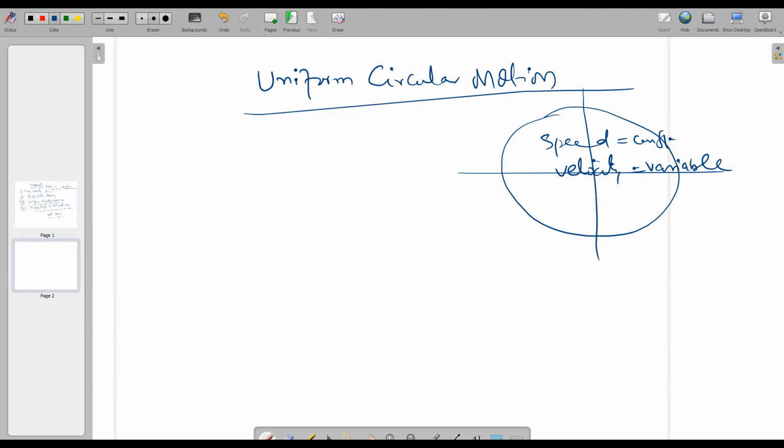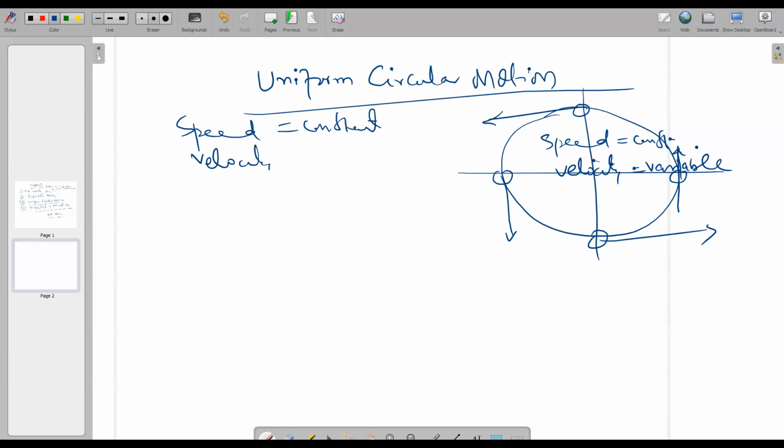If a body is moving in a circle, if the body is here, its velocity is here. If the body is here, its velocity is here. So you can see the direction of the velocity is changing. Here we can say that speed is constant and the velocity direction is changing.